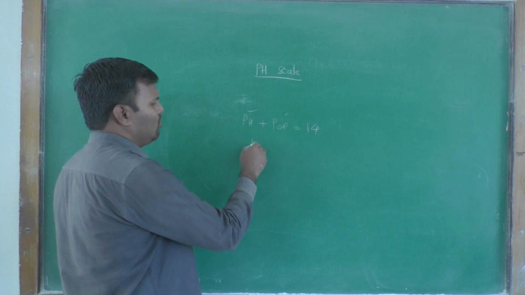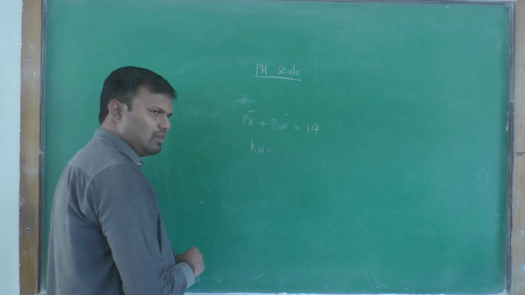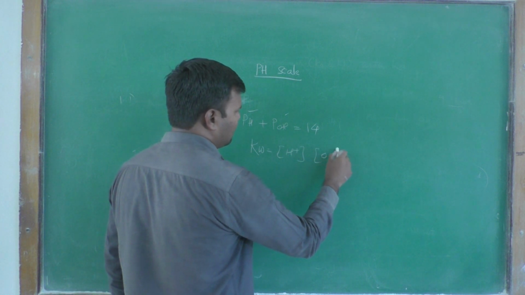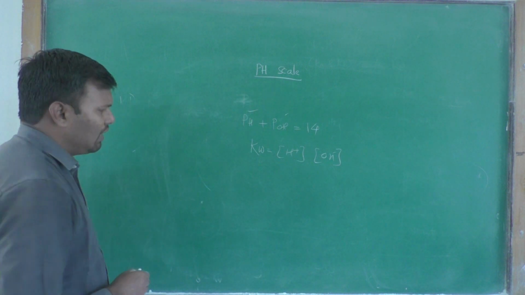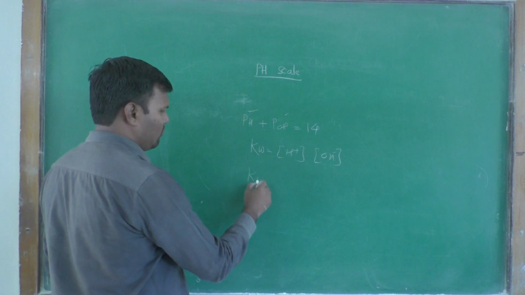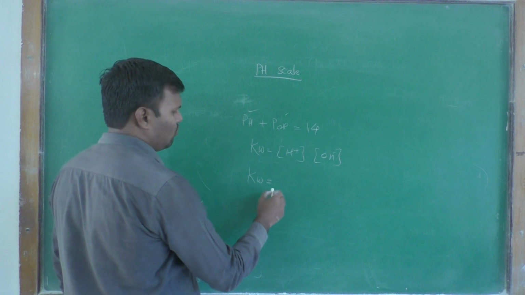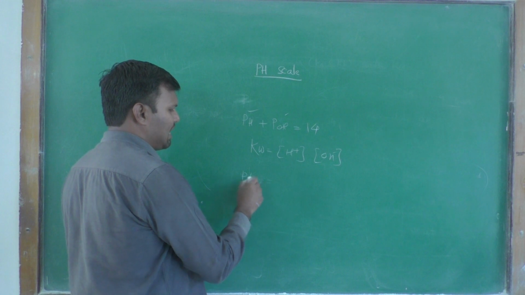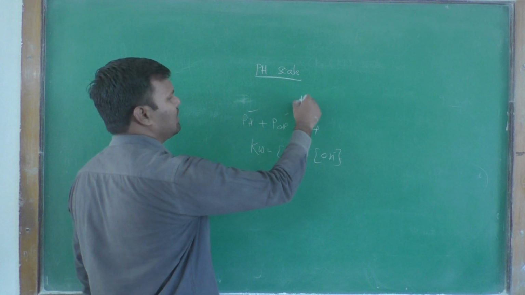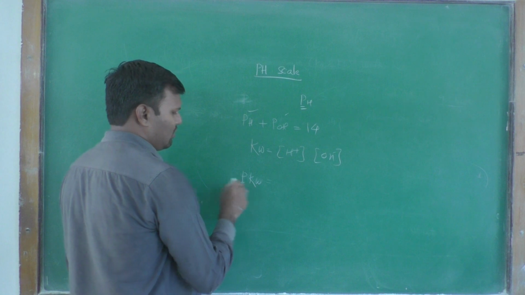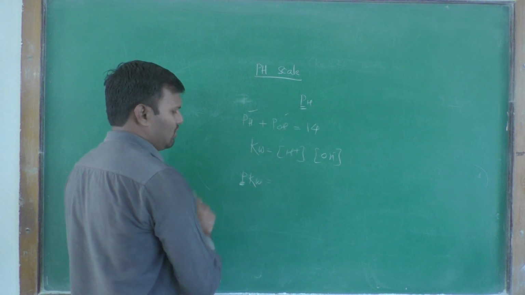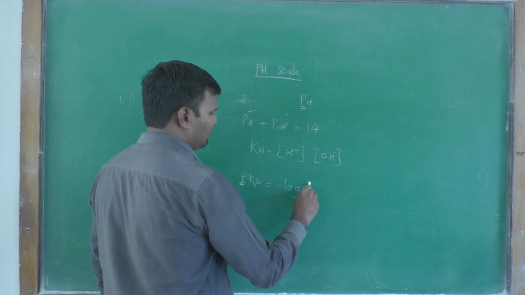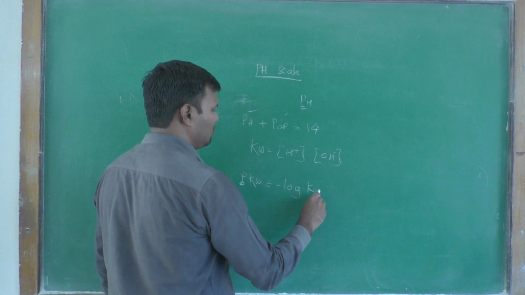Now we have Kw. We know that Kw is the product of H plus ions and OH minus ions. Suppose pKw is the value, like pH, where P stands for potential, as in potential of hydrogen. pKw is equal to minus log Kw.